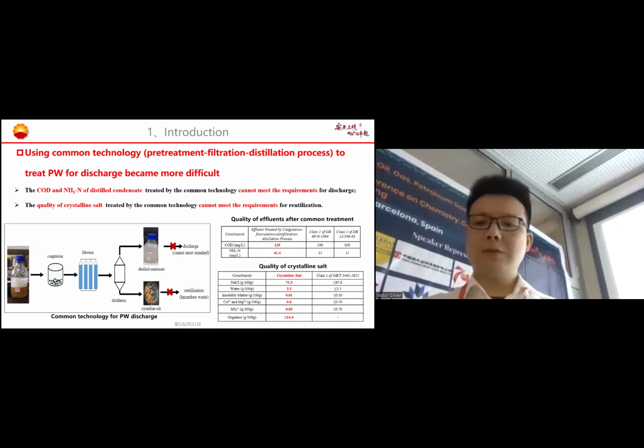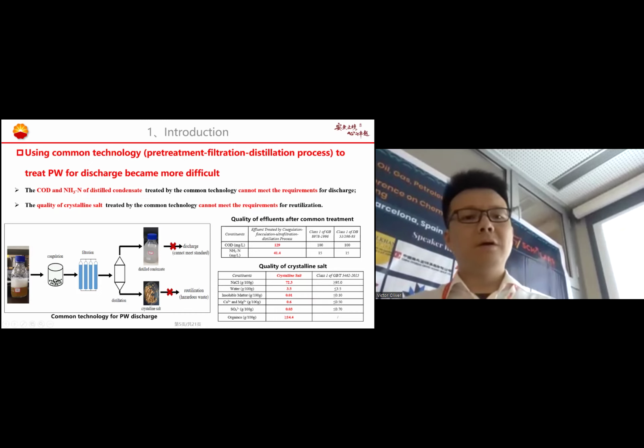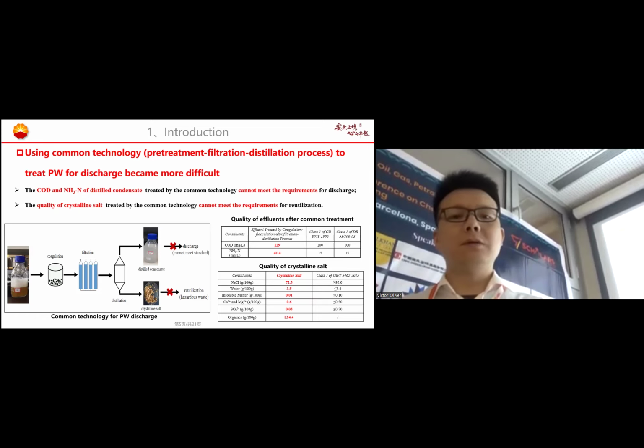And as we can see from the quality of crystalline salt, the crystal salt treated by the common technology cannot meet the requirements for reutilization. So the distilled condensate and crystal salt cannot meet the standard. So we need to solve this problem.